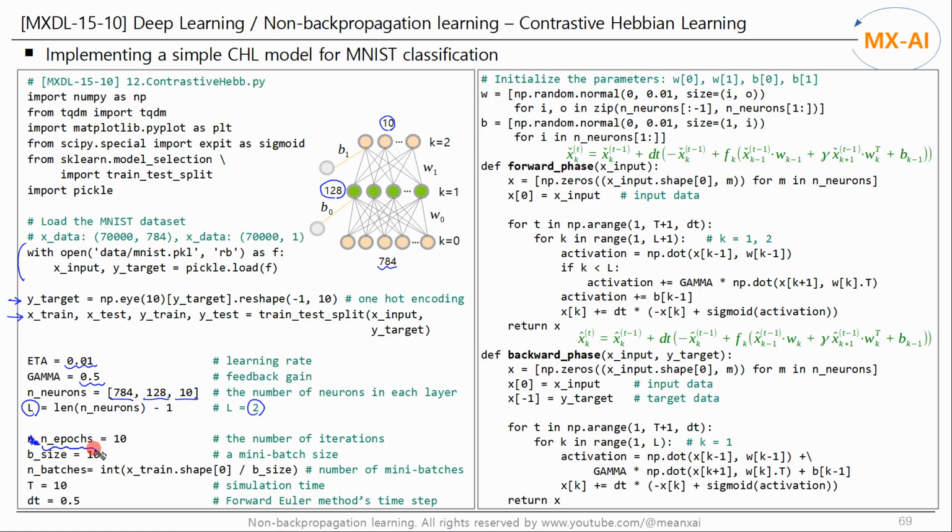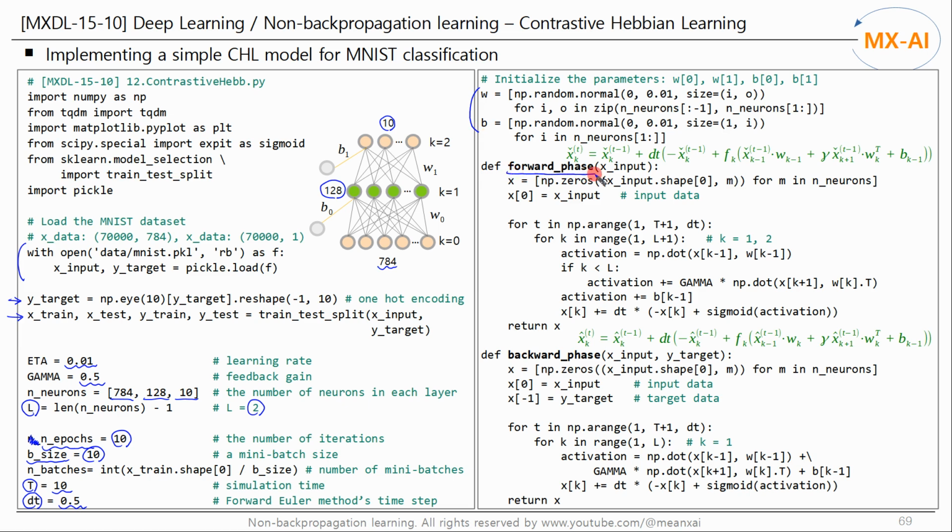The number of epochs was set to 10, and the batch size of the data being fed to the model was set to 10. The simulation time T was set to 10, and the forward Euler method's time step dt was set to 0.5. We randomly initialized the weights and biases.